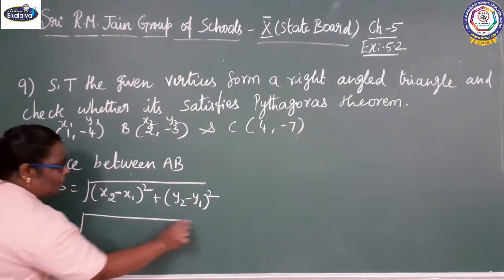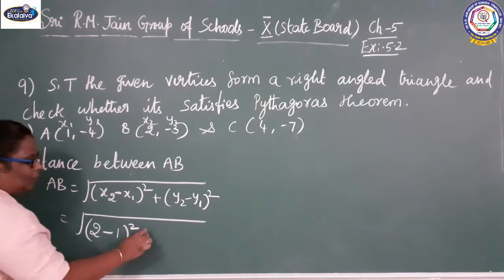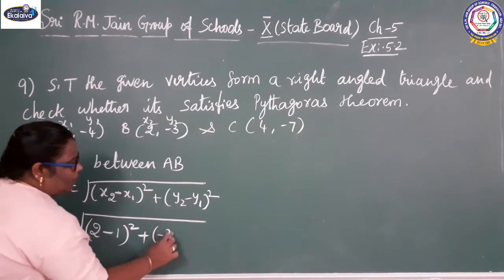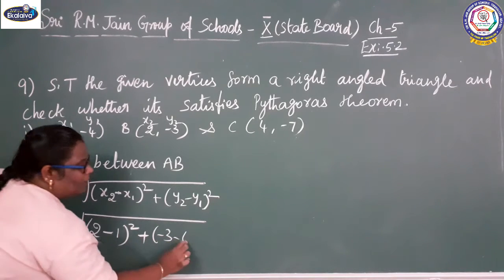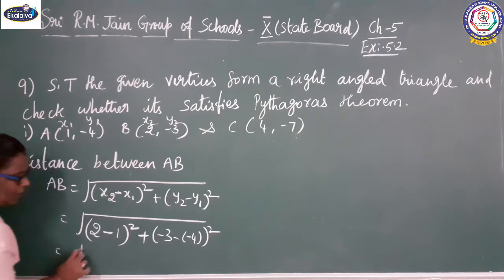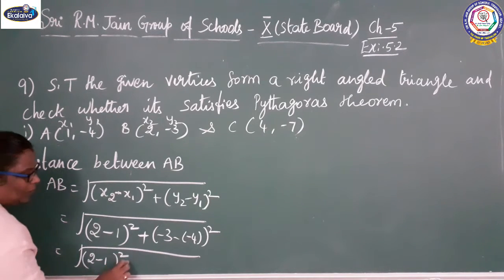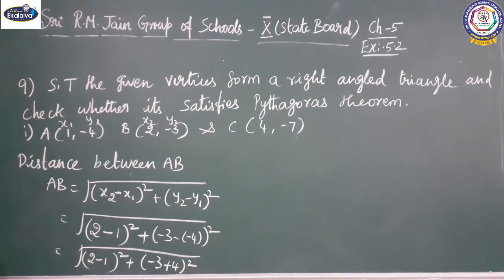So root of x2 is 2 minus x1 is 1 the whole square, plus y2 is minus 3 minus minus 4. Whenever minus comes, I told you, put that in brackets. Root of 2 minus 1 the whole square plus minus 3 plus 4 the whole square.